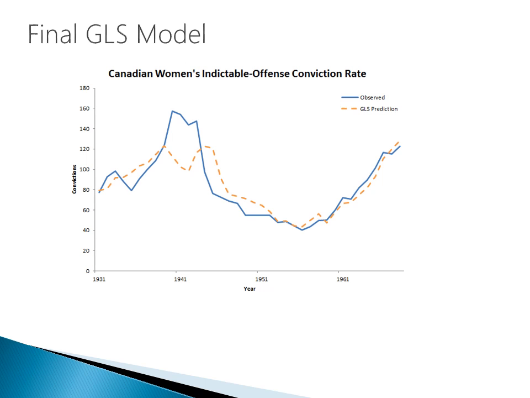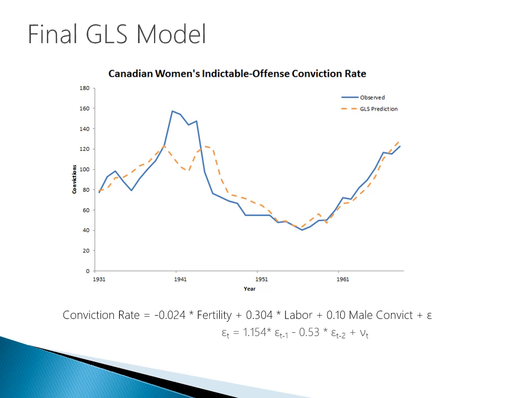Now that we have this, let's take a look at how our model fits. We can see the actual observed values with the blue line, and now we can see our GLS prediction as the orange dotted line. Furthermore, we actually have a regression equation we can draw from.